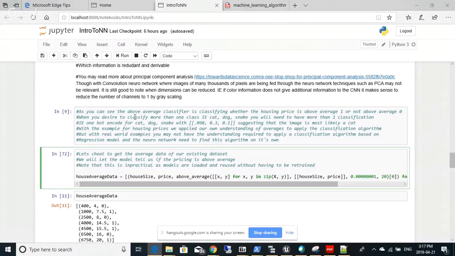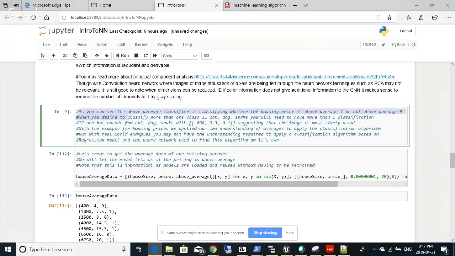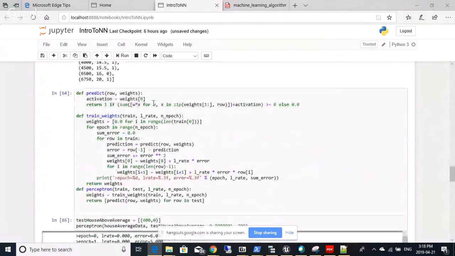So we'll run these again. That's the averages. I also added some information about one hot encoding, which I'm going to go more into next session. I wasn't able to compile that information this session. All right.